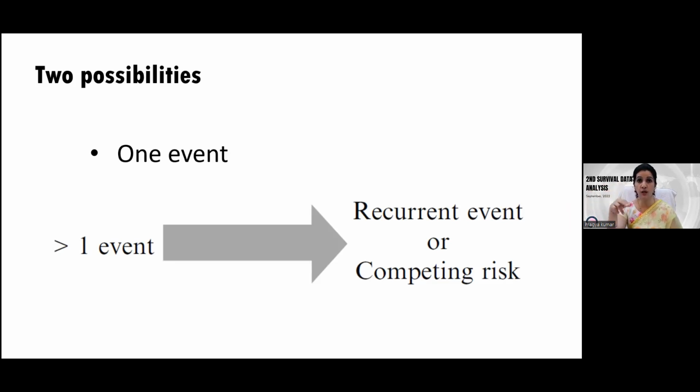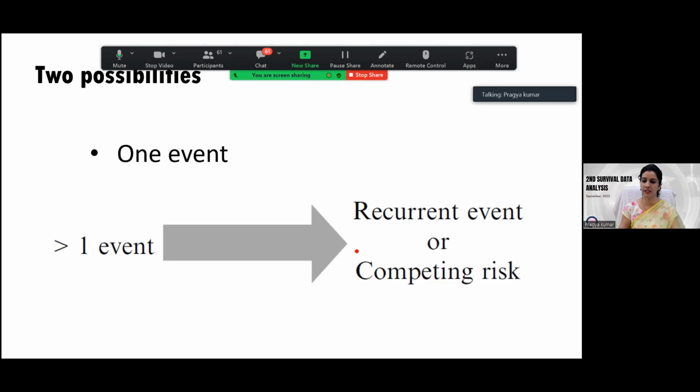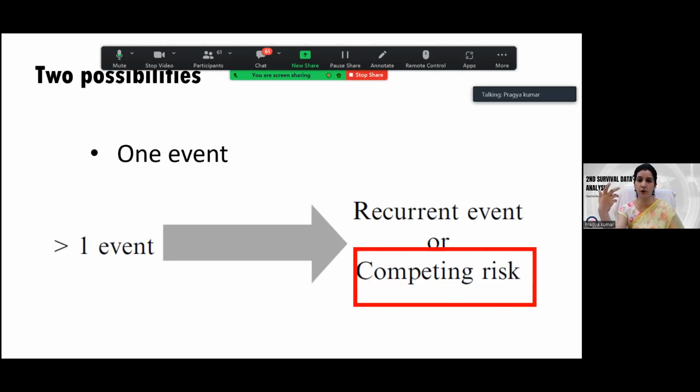So this is known as the competing risk. And what do you understand by this competing risk? Whatever outcome you have fixed, there can be some other reason for that outcome, and that is known as the competing risk.